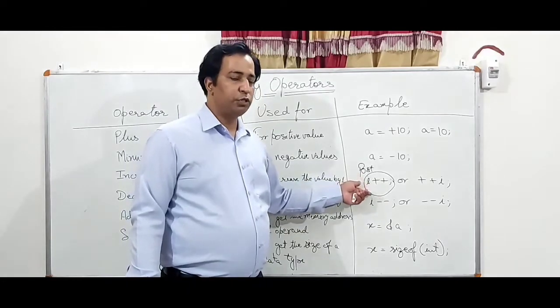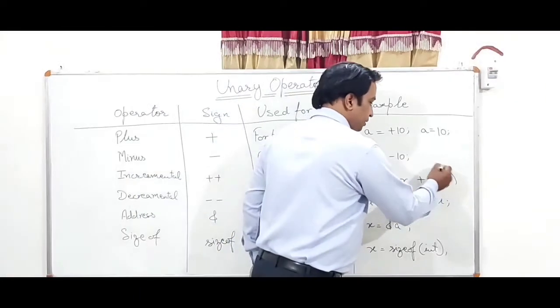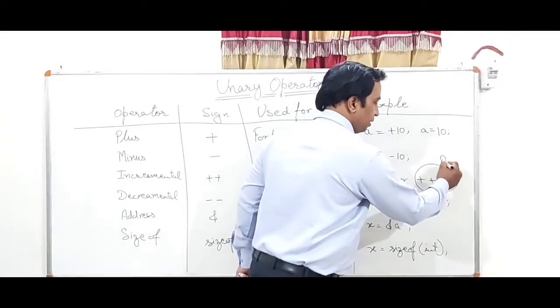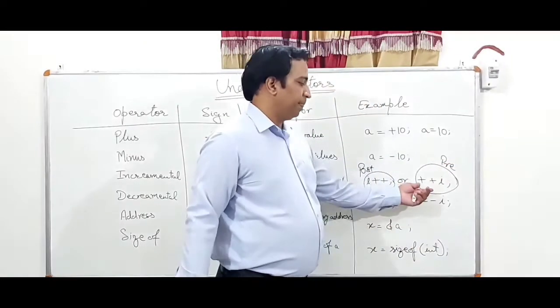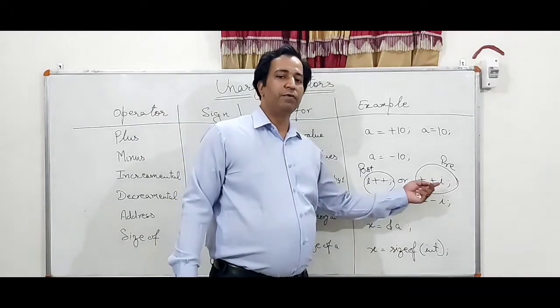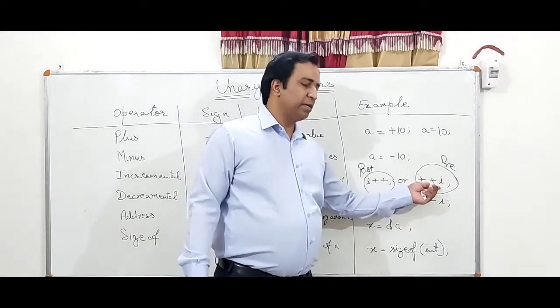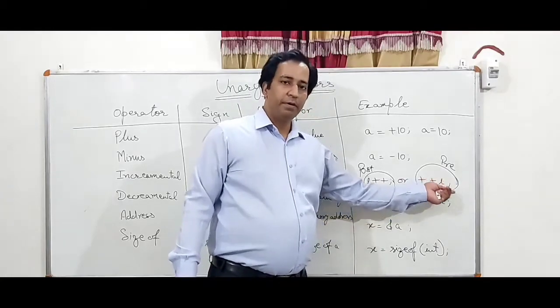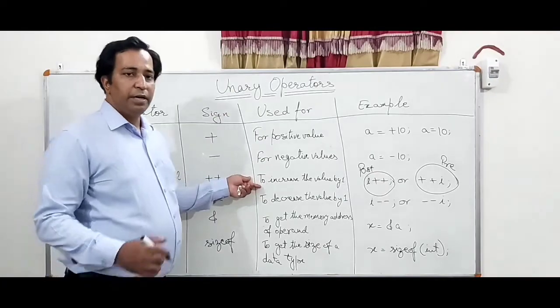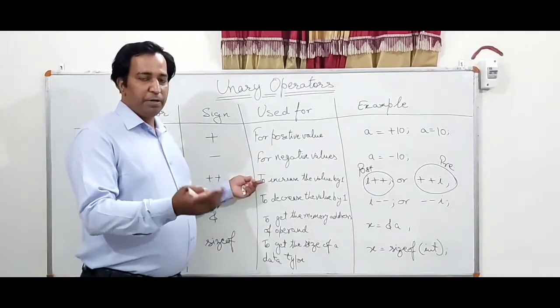So this is called post incremental. In the same way, this one is called pre-incremental, as the incremental operator is written before the name of your variable. Plus plus, then variable name, then semicolon. It is going to increase the value of your variable by 1.